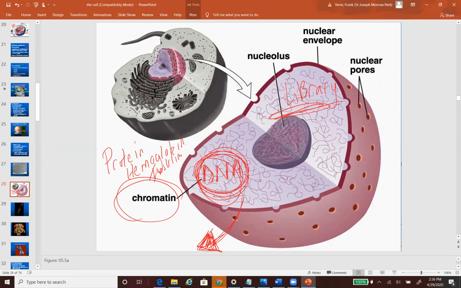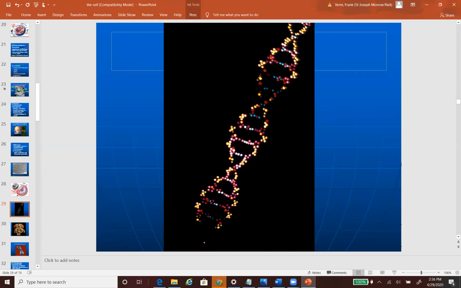And the cells do the same thing. So in the nucleus is the information on how to do things like make proteins, but that information is actually copied in some way, and it leaves the nucleus, and then that information is used to make a protein. I'll show you exactly where that actual information goes in a minute, okay? But I do want to show you this. So this is actually a slide of DNA, right?